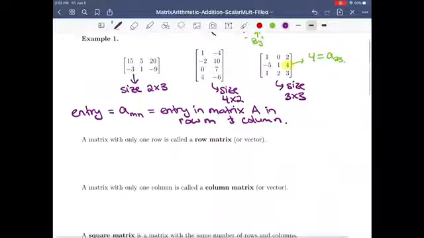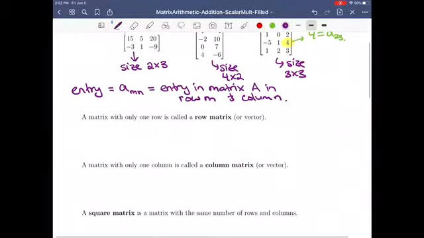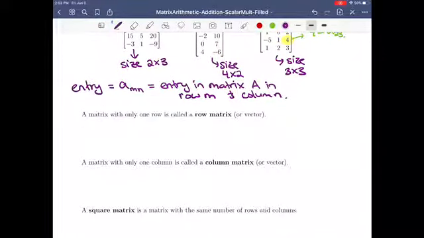There are some special names for some special matrices. If your matrix has only 1 row, it's called a row matrix. You might also see it referred to as a vector if you're looking at a linear algebra textbook. For example, if we had 2, 1, -1, 0, that would be a 1 by 4 matrix.